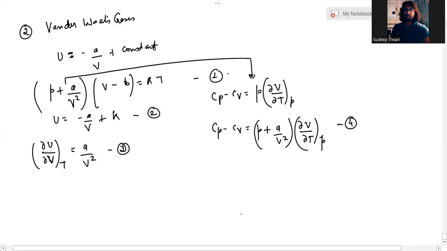And from 1, basically this equation I can use again.